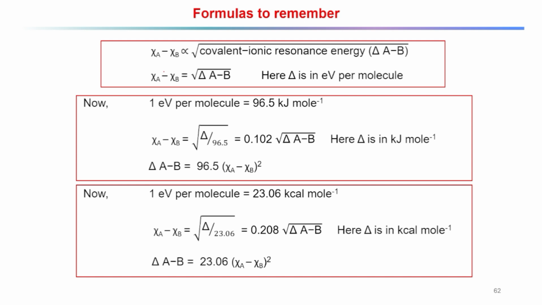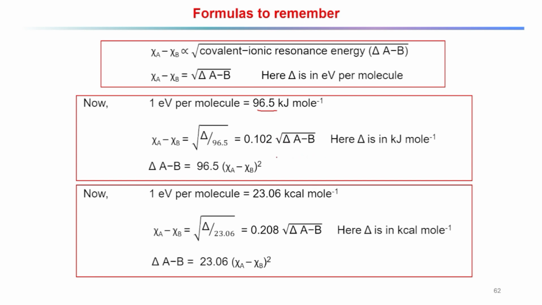Okay, so chi A minus chi B is equal to under root delta AB, and here delta was in eV per molecule. Now 1 eV per molecule is equal to 96.5 kilojoule per mole. So we can convert this value from eV per molecule to kilojoule per mole. We just divide it by 96.5 and eventually we will get 0.102 square root of delta AB.